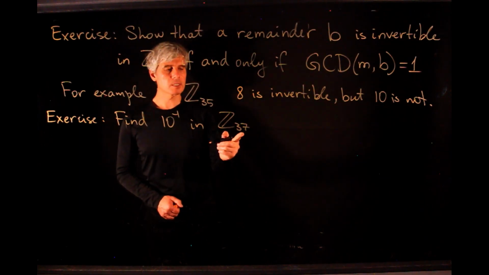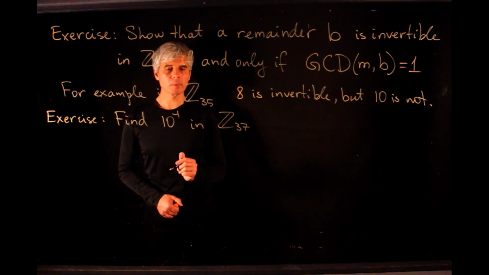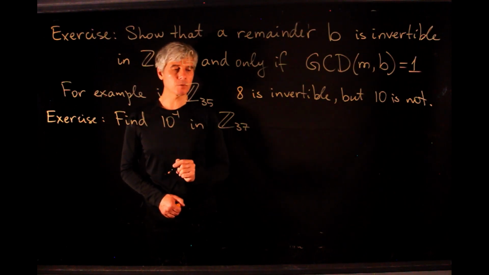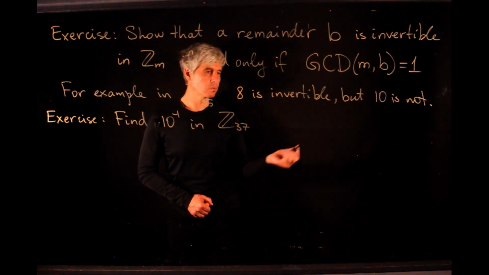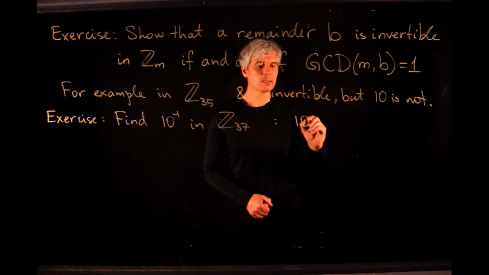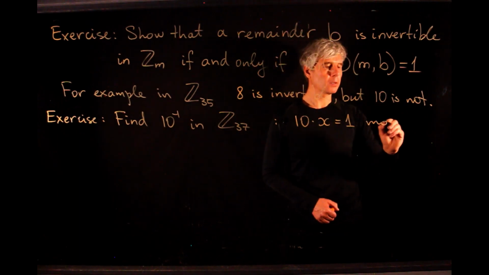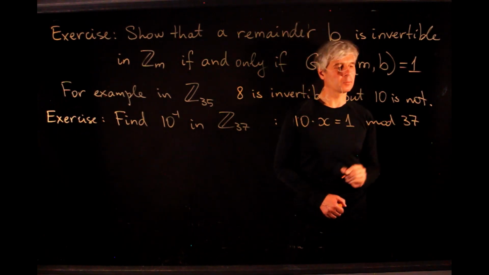Well, 37 is a prime number, so in Z37, every non-zero remainder has a multiplicative inverse. So let's find the multiplicative inverse of 10. So this means that we are solving the equation 10 times x is equal to 1 mod 37.